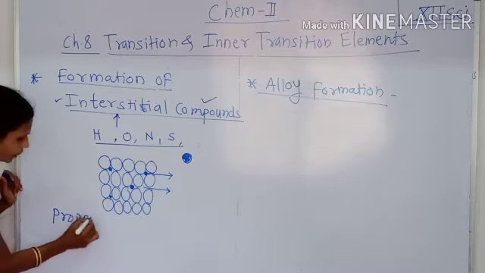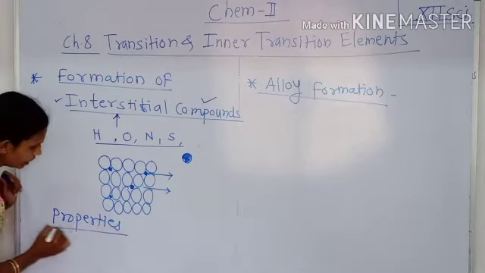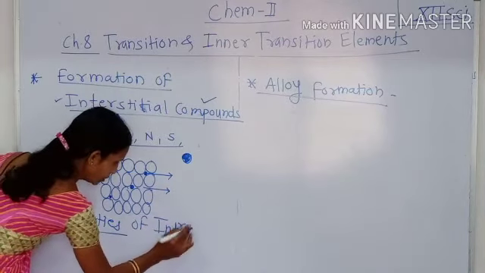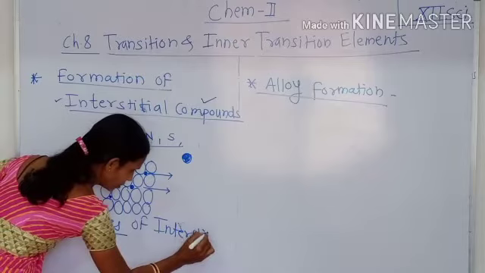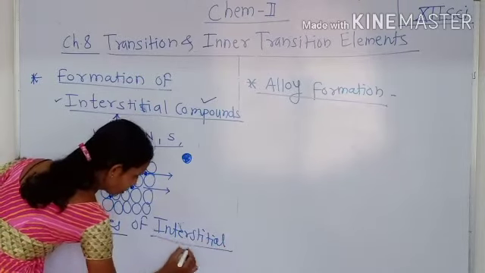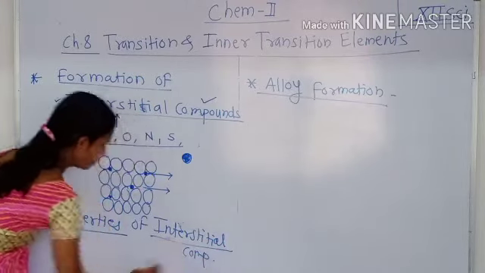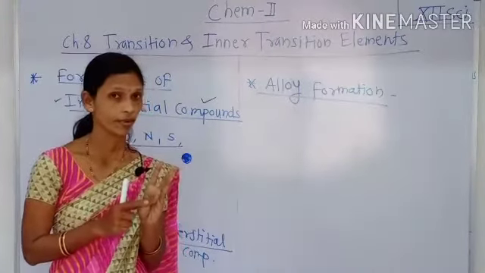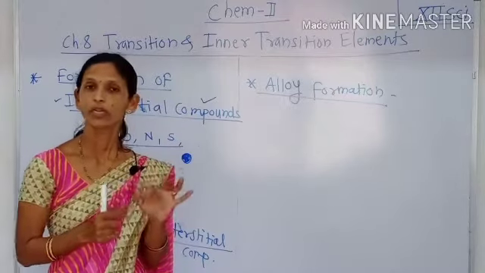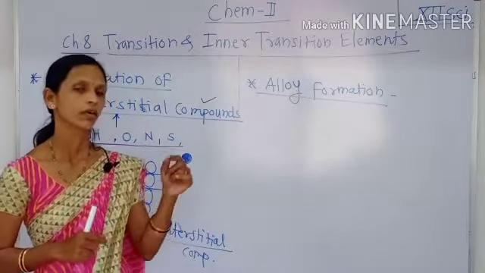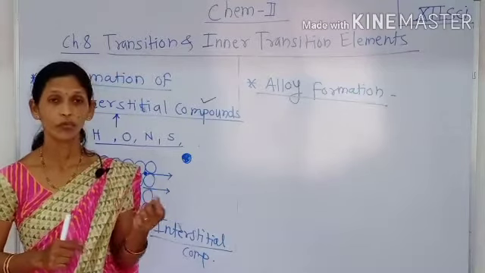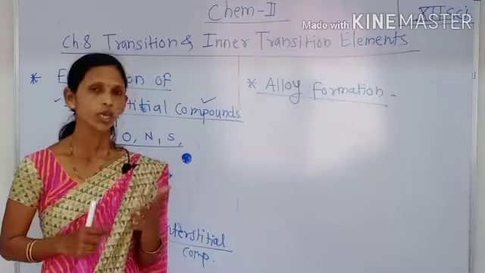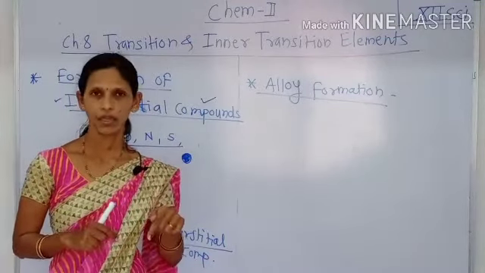What are the main properties of interstitial compounds? See here, the first property of interstitial compounds is that they are hard, because when small elements like hydrogen or carbon get trapped into the interstitial space, carbon gives hardness to that element.